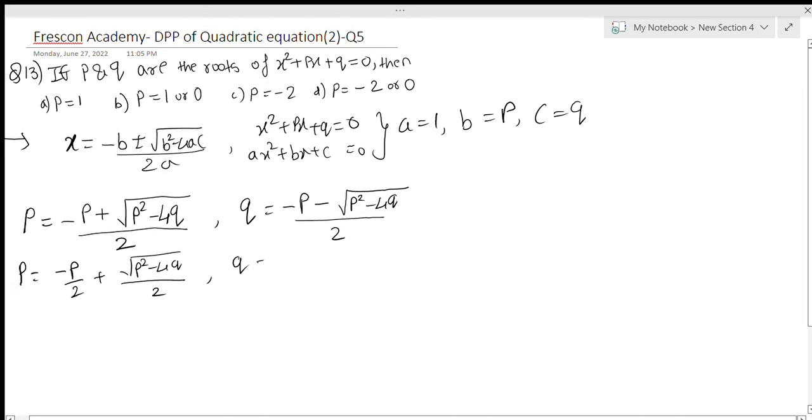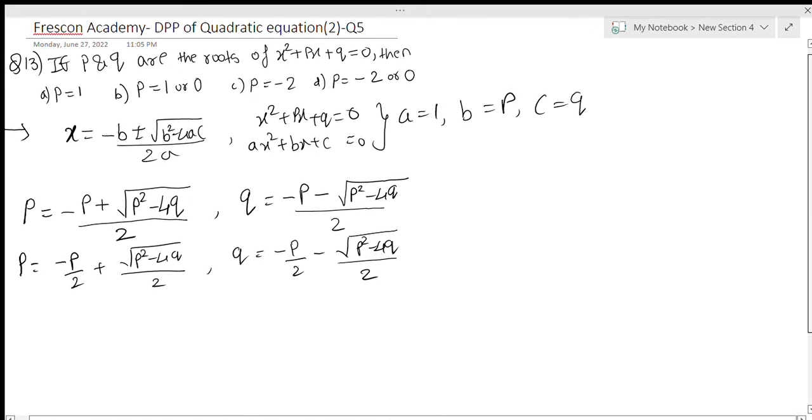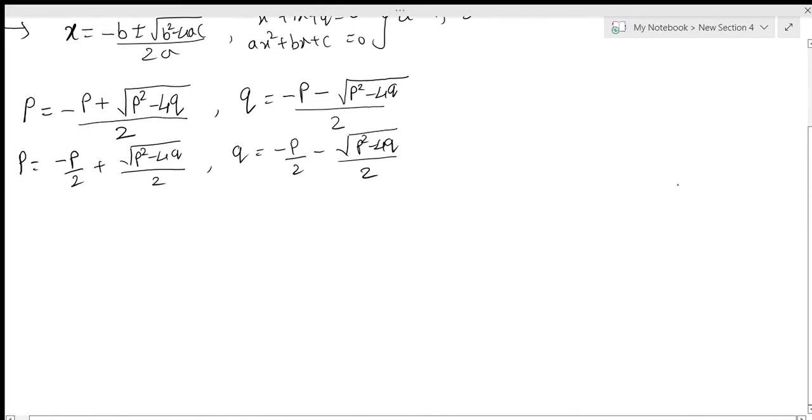Similarly, q is equal to minus p by 2 minus under root p square minus 4q whole upon 2. So these are the equations of p and q.